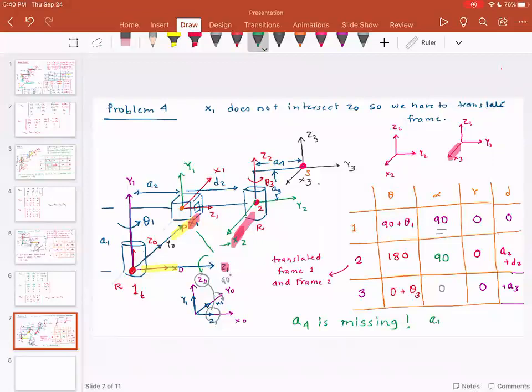A1 is missing. Now, if you were to look at the problems that you worked out using the technique that we discussed, you would realize that that solution, the forward kinematic solution, will have A1 and A4.